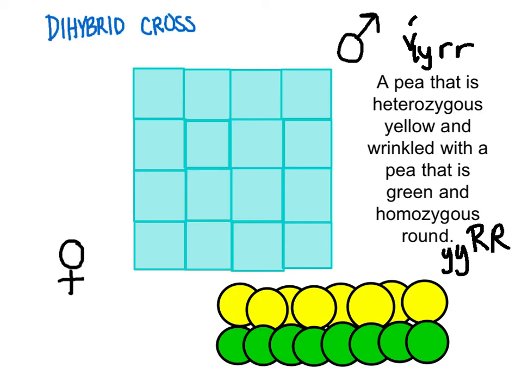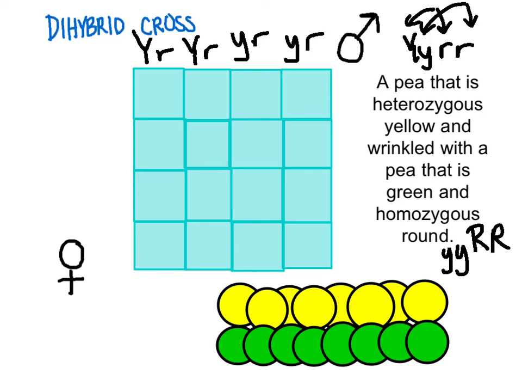Now remember, I'm going to take one of each of these traits and put them into our gametes. Okay, so it's going to be big Y, little r, big Y, little r, little y, little r, little y, little r. I'm going to do the same thing for this one.